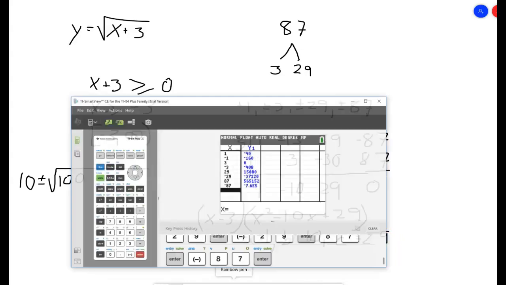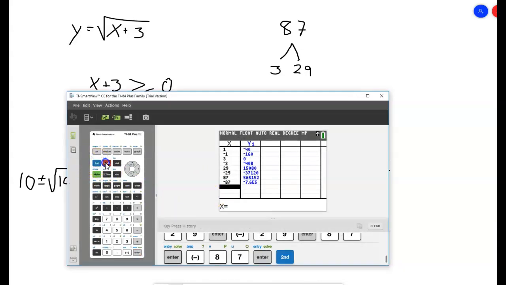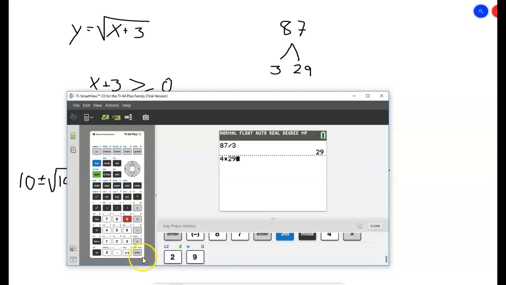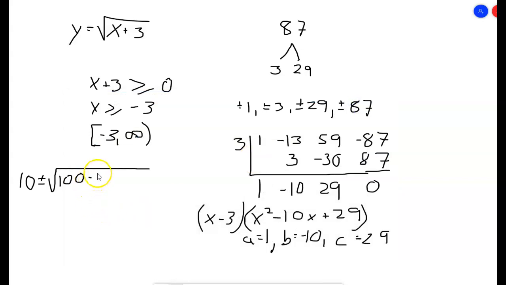So 4 times 29 is 116. So minus 116. And there we can already see that the discriminant is going to be negative, meaning that we're going to get imaginary solutions here. All over 2a.